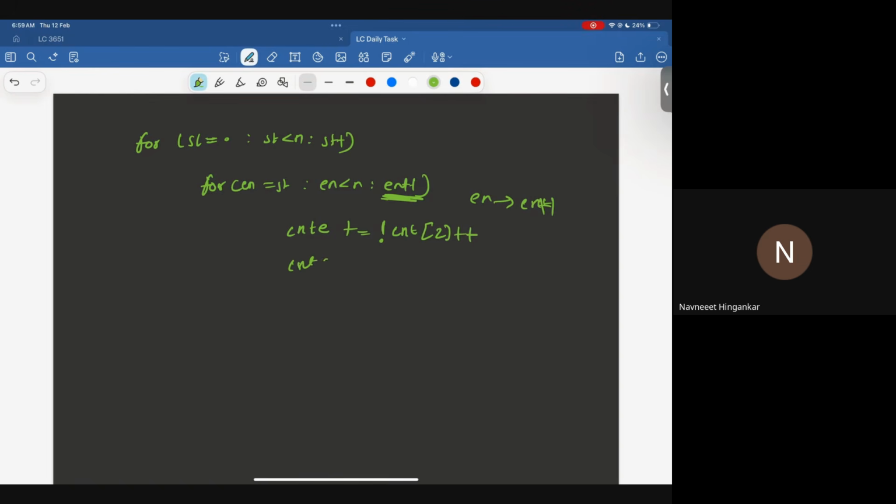Similarly, count odd plus equal to, if it is even, basically if x is equal to even, count of x plus plus, else count of something like this. What exactly this not is doing is basically if it is equal to 0, it will return 1 or a positive number, because this is a binary operator.